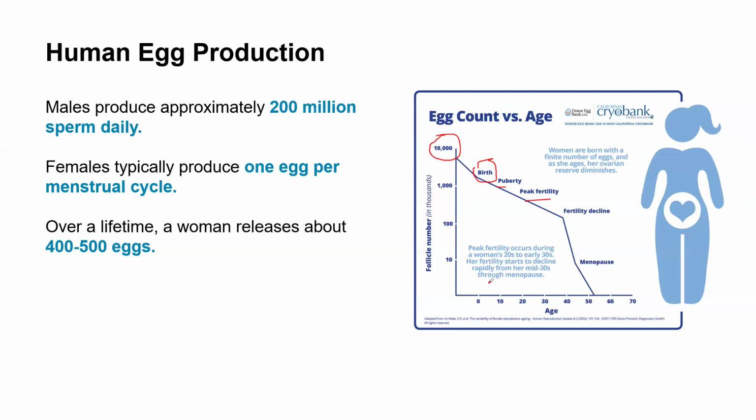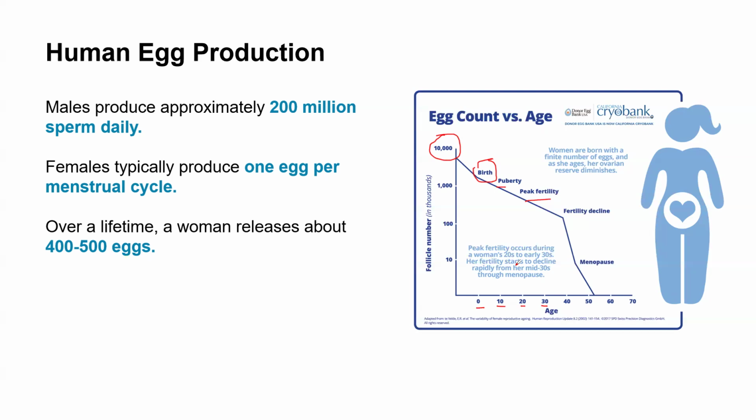So from the age of 0, 10, 20, 30, look at it, peak fertility occurs. For ladies, usually peak fertility occurs during a woman's 20s and early 30s, and her fertility starts to decline rapidly from her mid-30s through menopause.